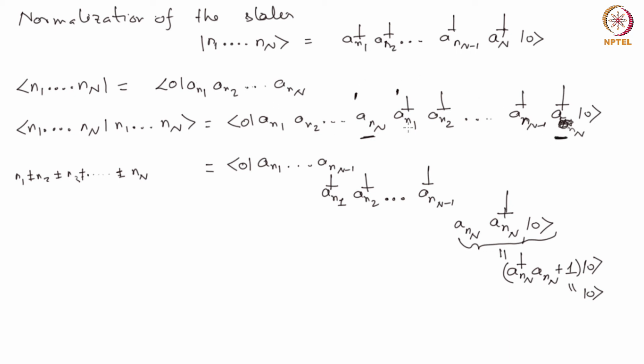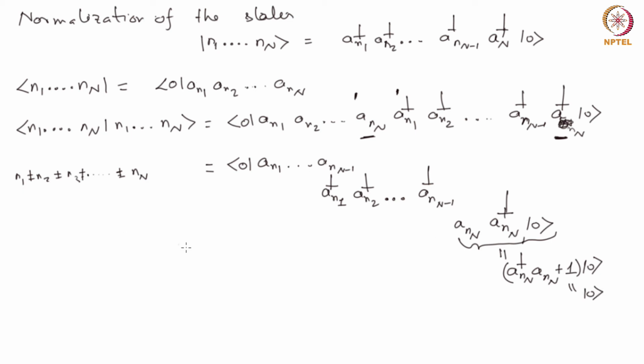Okay, so it's looking exactly the same. So you can repeat the same steps again and take the one here, a_{n_{N-1}} dagger, and try to bring it next to it and do the same thing as we did here, and again you will pick up a factor of 1 here, this will kill, and you will be left with ket 0.